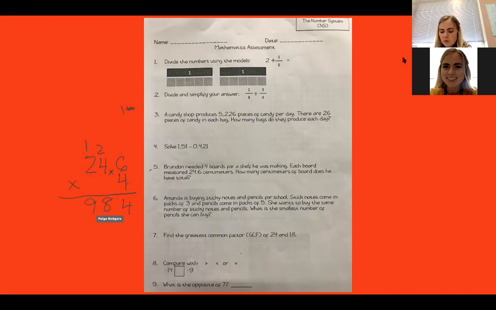So 984, but remember I have one number after my decimal in my answer. So if I put my decimal right there, I have the 4 after my decimal. So all of the boards together would be 98.4 centimeters.